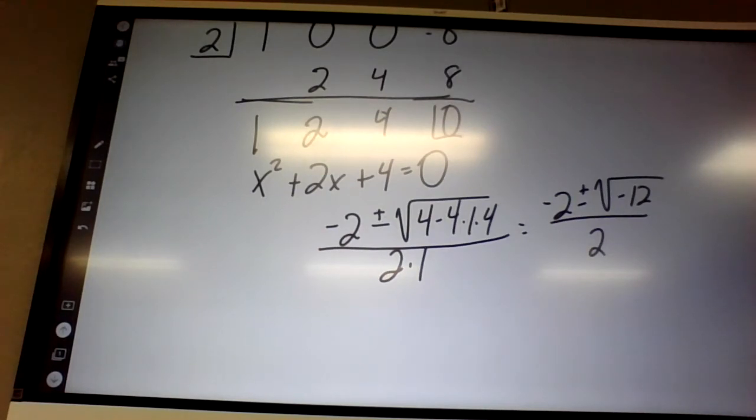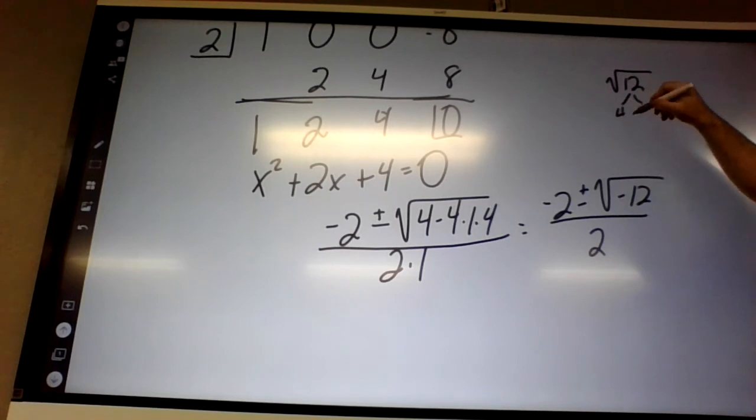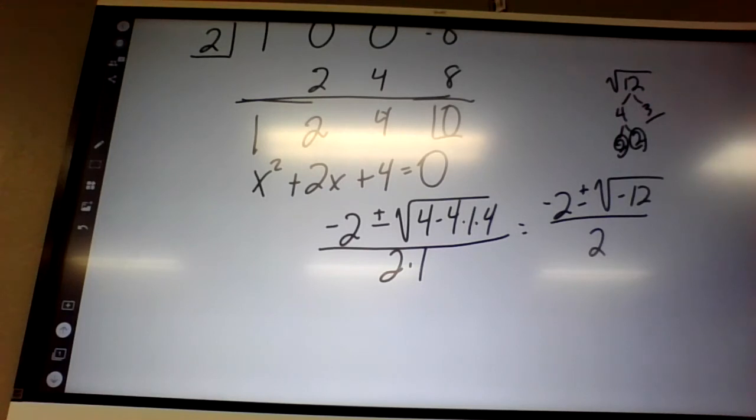Yeah, it's imaginary because I got a negative under the square root. Can't you simplify? Yeah, square root of 12 is, this is where having a nice calculator can help you, 2 square root of 3. So this is negative 2 plus or minus 2i square root of 3.